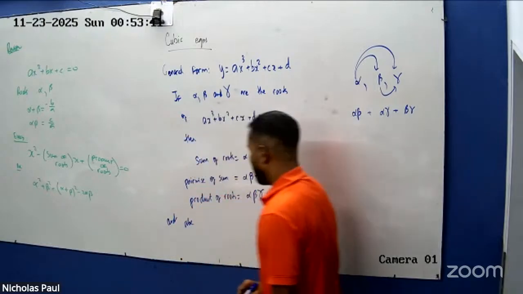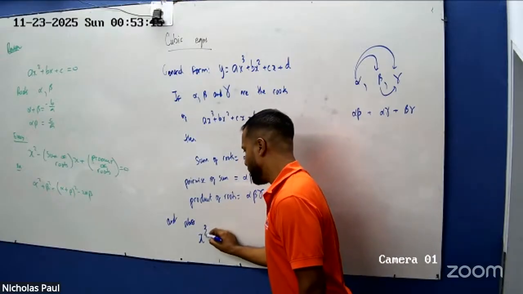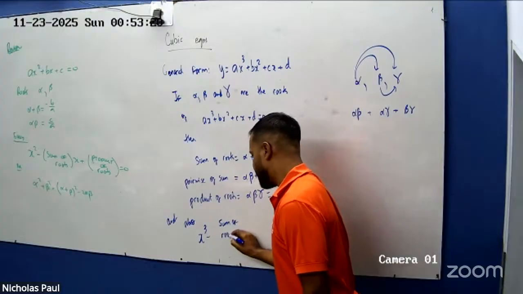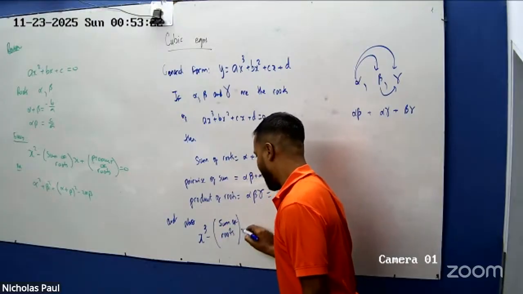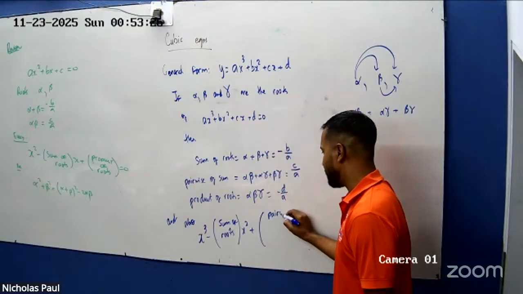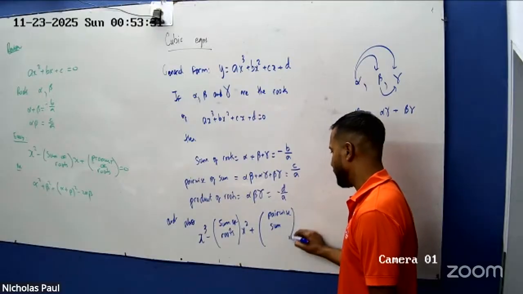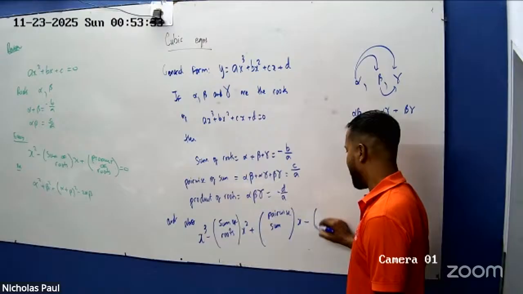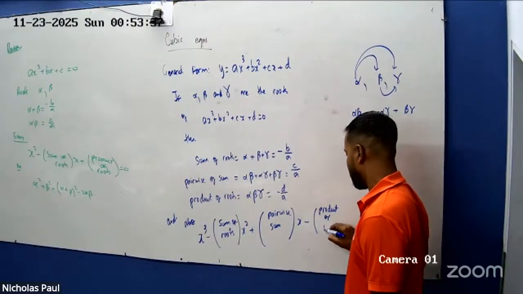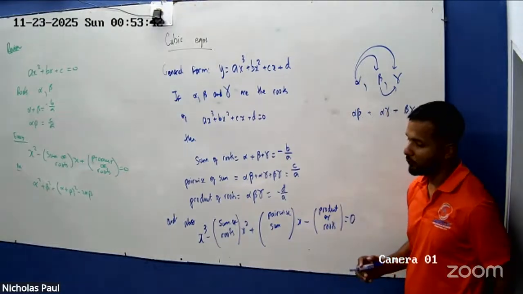Also, a cubic can be written like this: x cubed minus the sum of the roots by x squared plus the pairwise sum by x minus the product, equal to 0.